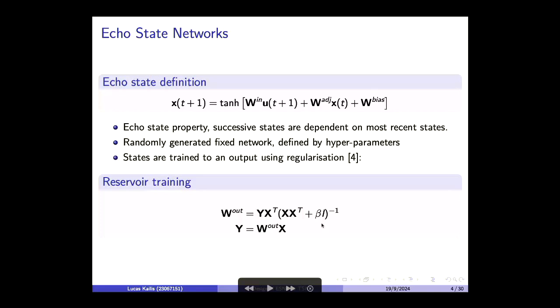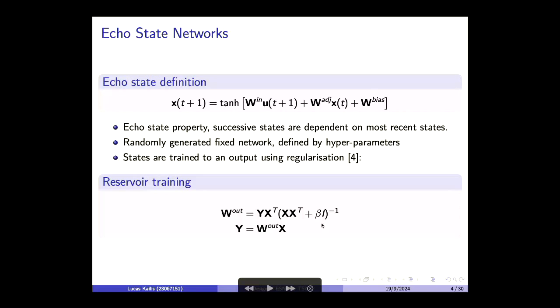The matrices W listed here: the first one is the input matrix, which scales the input to the higher dimension of your reservoir, the adjacency matrix, which defines the neural network, and then the bias. All of these matrices are randomly generated, and the input and bias are usually generated using a normal distribution, and the adjacency matrix is typically generated as an Erdos-Renyi graph.